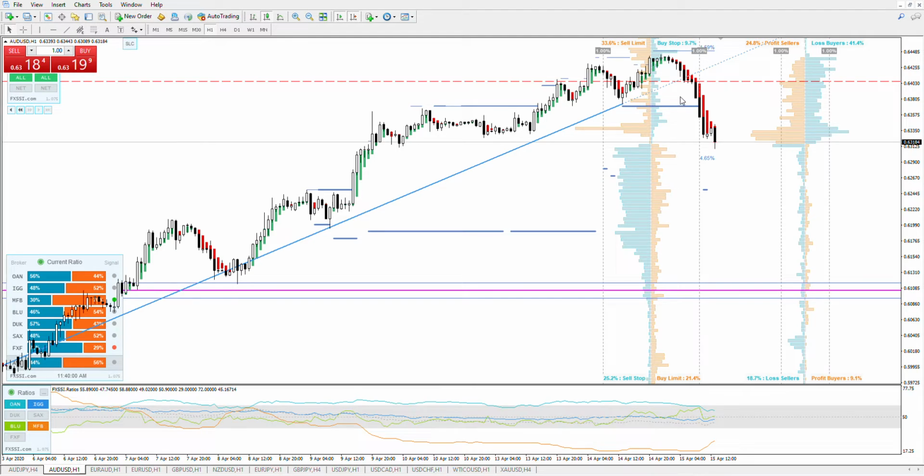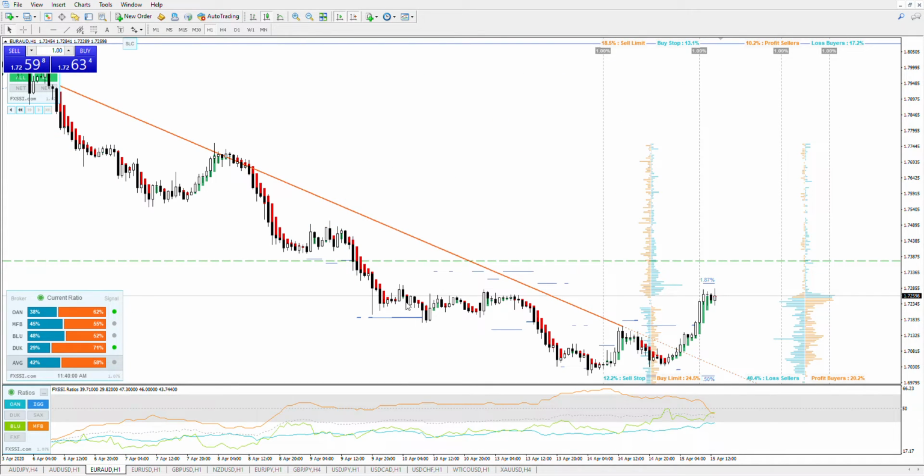These are old stop loss clusters, historical ones. And so there's your target there, 62.96. There you go. Euro Oz, 173.04. So have we broken the diagonal?